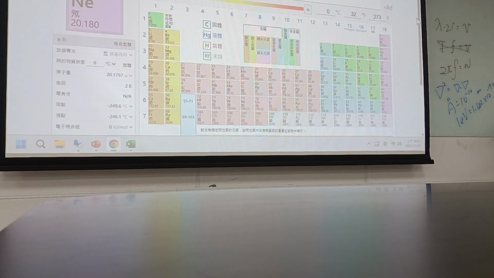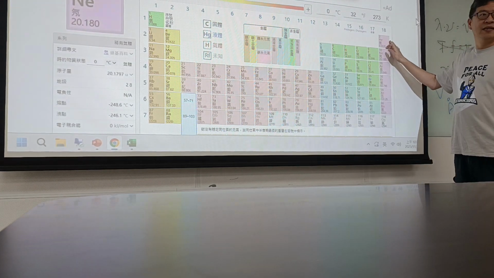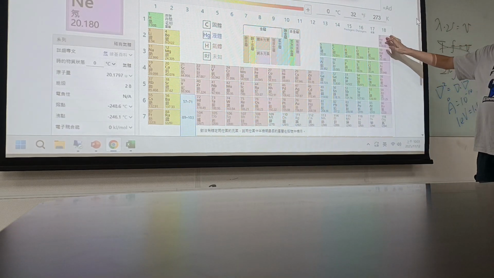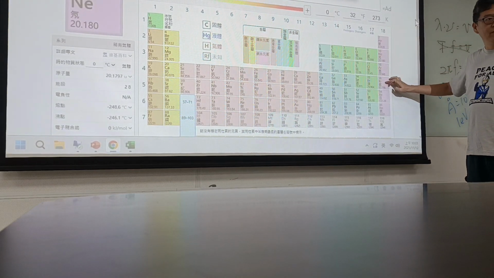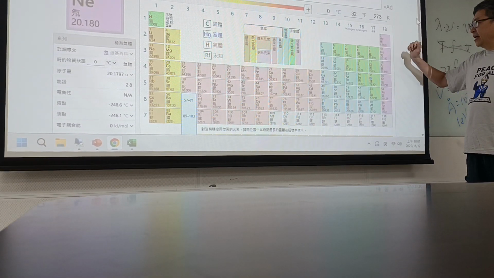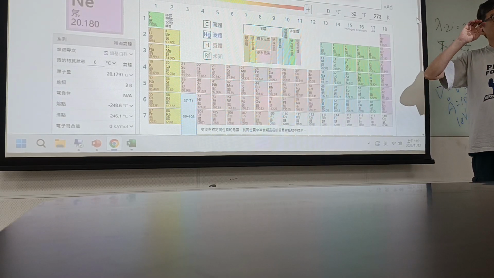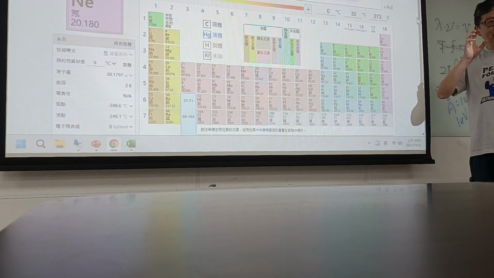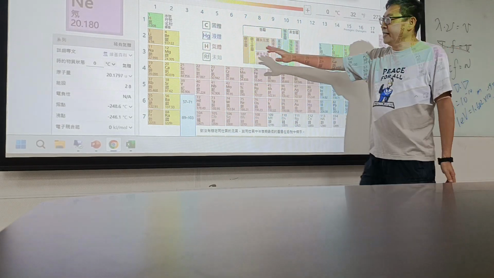this is the s orbit. n equals 1, n equals 2, n equals 3, n equals 4, n equals 5, n equals 6. And n equals 2, we have the p orbit. This is l equal to 1.